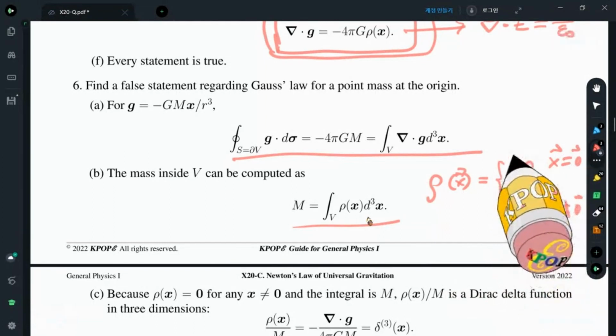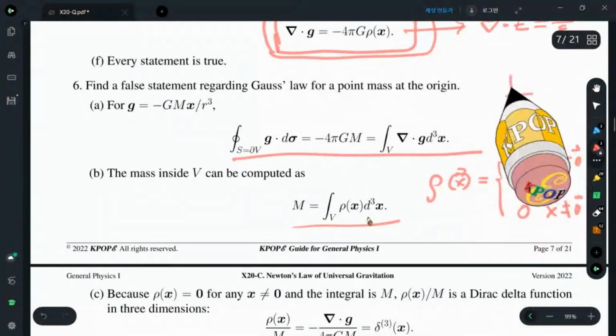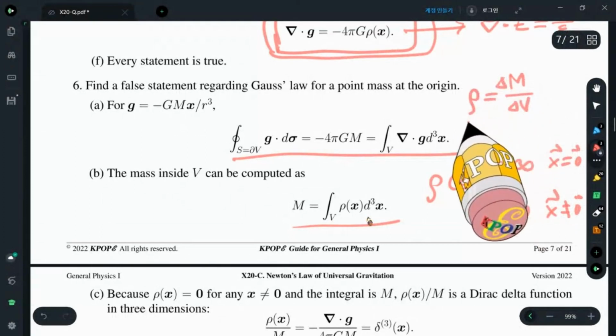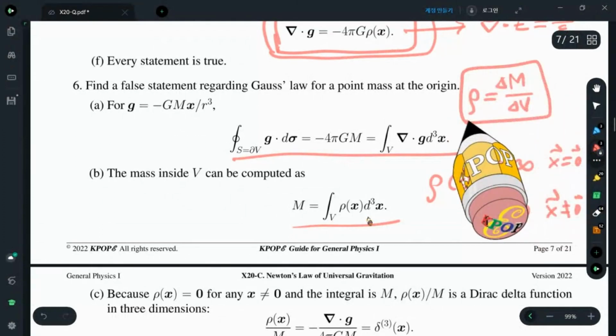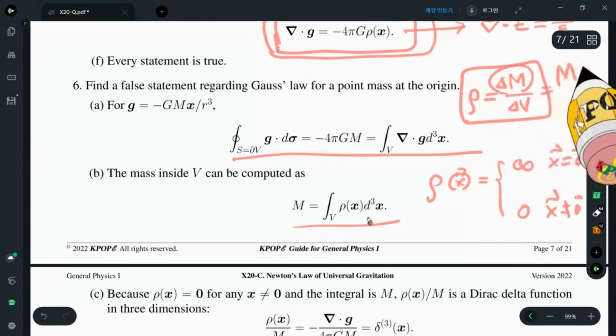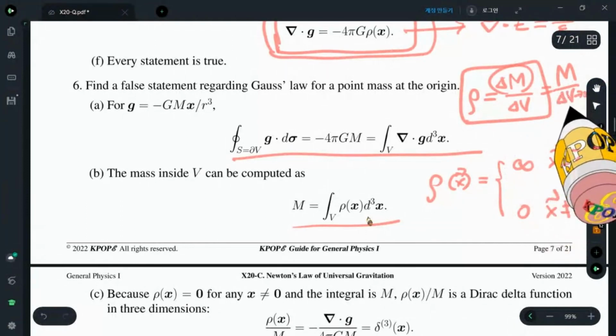However, because the mass divided by volume is defined by the density, mass is just a finite value. It doesn't decrease at all. However, volume can be chosen to be 0 if it is a point.